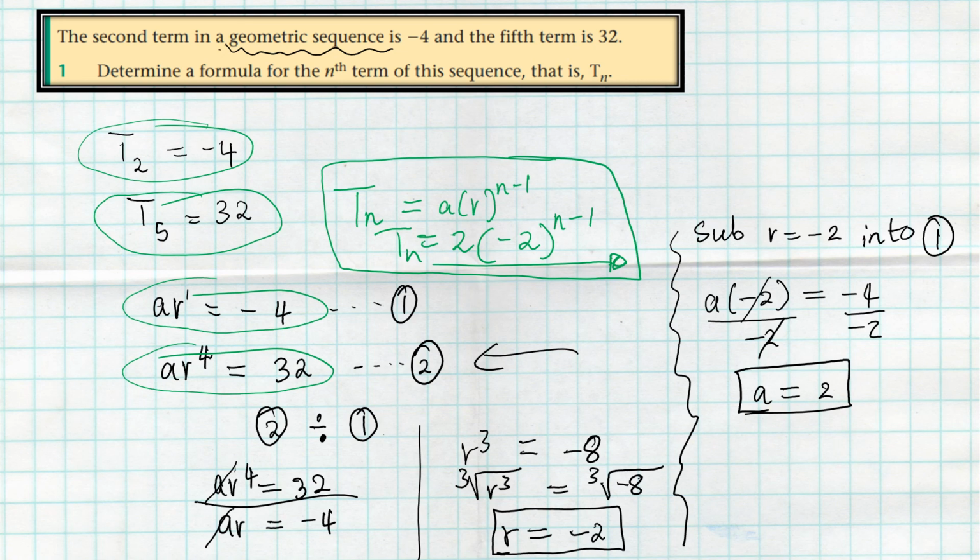So it's better to use this method. In a geometric sequence, I just check the equation that has the highest exponent, then I divide it by the equation that has the lowest exponent, then I cancel what I'm canceling. I'll be left with one variable, solve it, go back and substitute, solve the other one, then that's it.